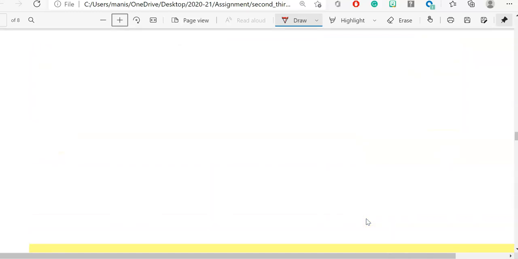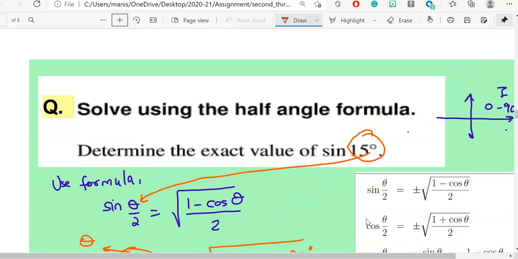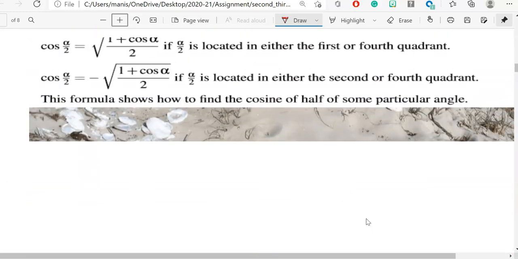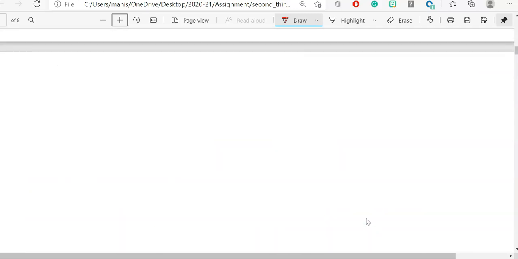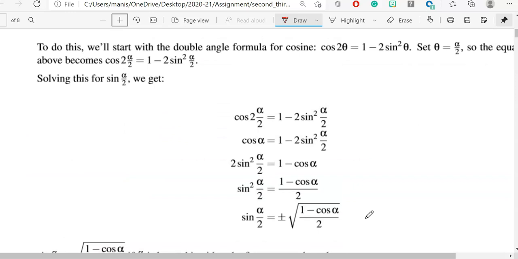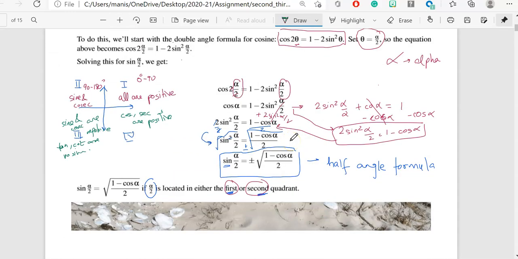So if you look at this, this is the second quadrant over here. Sine is positive between 90 and 180 degrees. So we will use which formula?